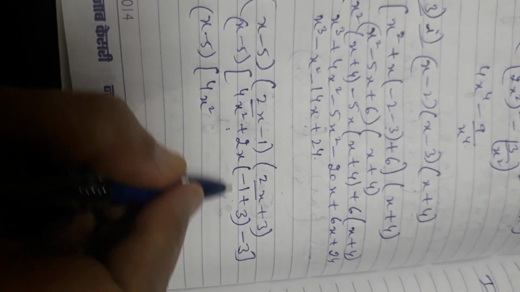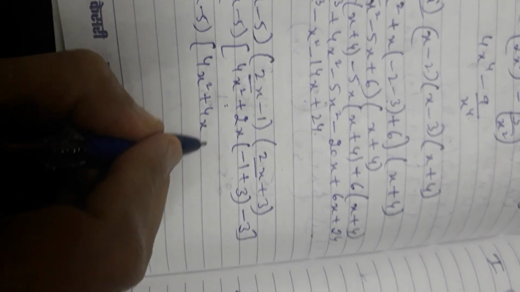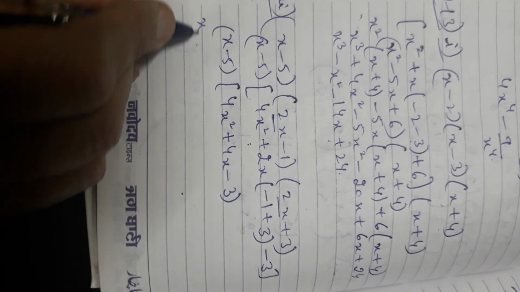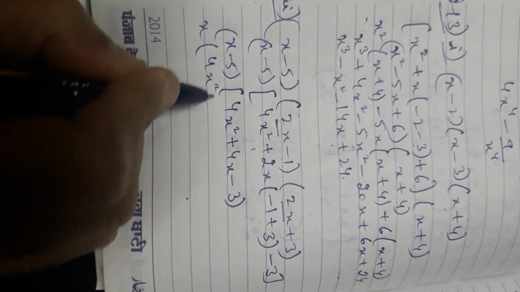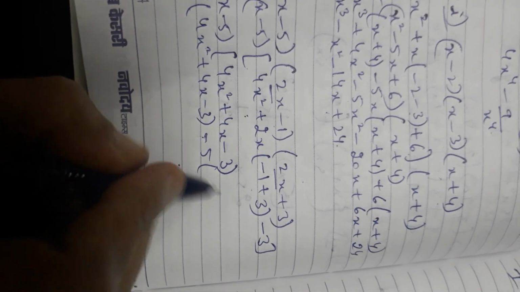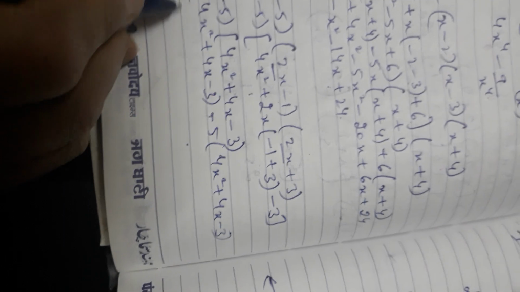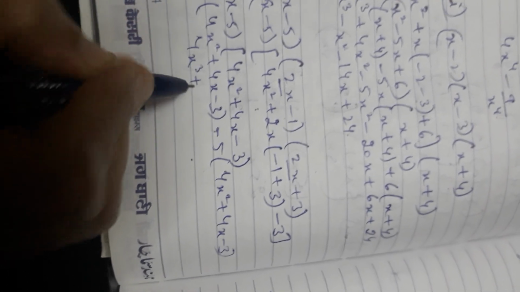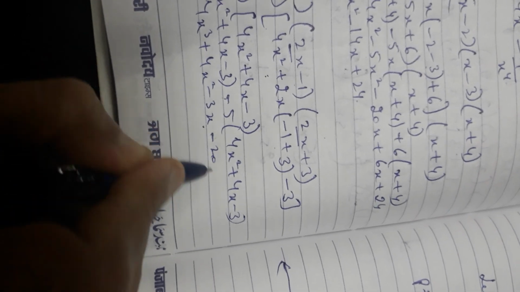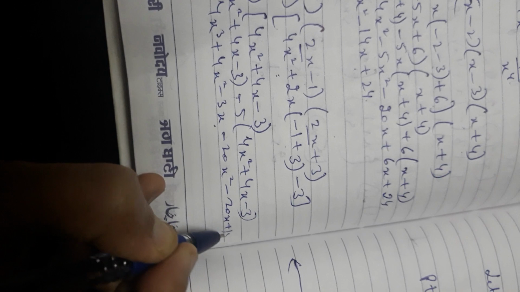Here it gives you plus 2 into 2x, that is plus 4x minus 3. So on multiplying, again x into 4x square plus 4x minus 3 minus 5 into 4x square plus 4x minus 3. Open it up, 4x cube plus 4x square minus 3x minus 20x square minus 20x plus 15.